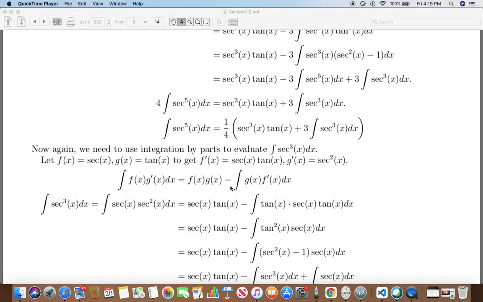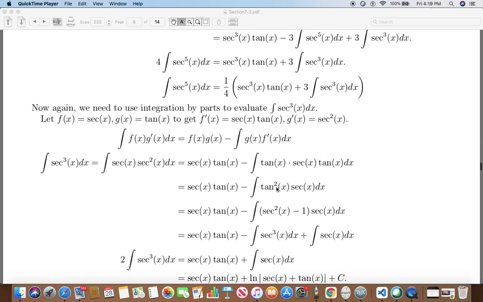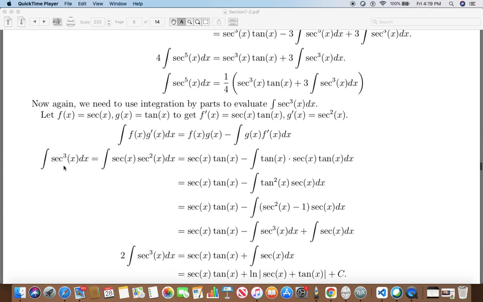So the integral of f g prime is fg minus the integral of g f prime, which brings us to the integral of secant cubed x dx being the integral of secant x times secant squared x. So that is f, this is g prime. By parts, you get f g, secant x tan x, minus the integral of g f prime.